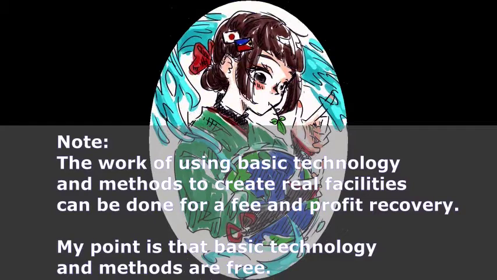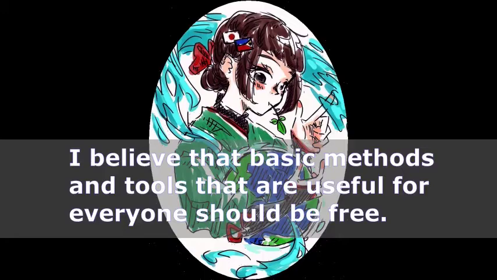Note: the work of using basic technology and methods to create real facilities can be done for a fee and profit recovery. My point is that basic technology and methods are free. I believe that basic methods and tools that are useful for everyone should be free.